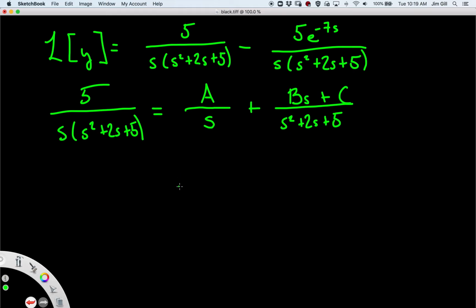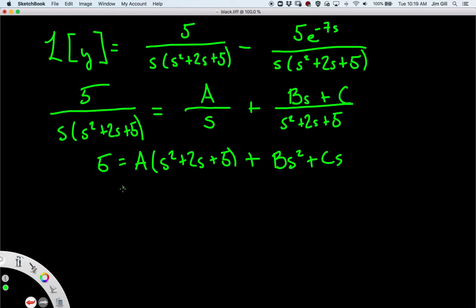Okay, now let's figure out what these terms are going to be here. So 5 is going to be equal to a times s squared plus 2s plus 5, and then bs plus c is going to be multiplied by s. So this is bs squared plus cs. Let's gather like terms here. We have a plus b times s squared.